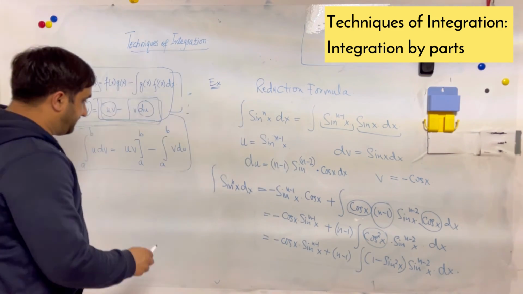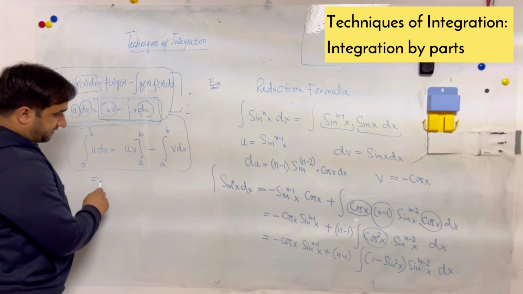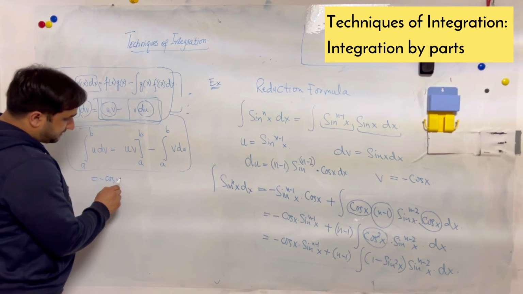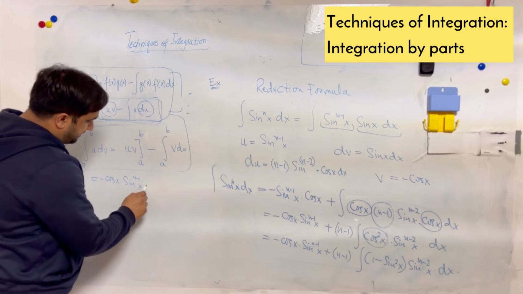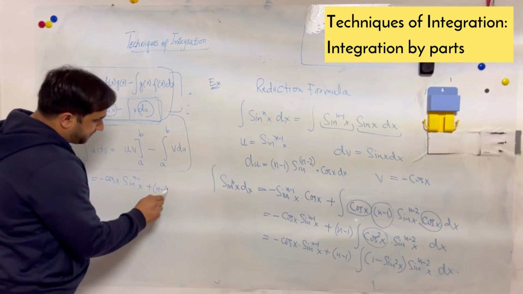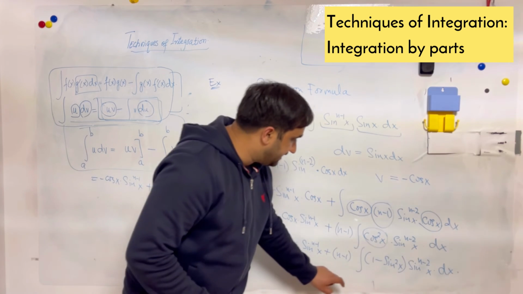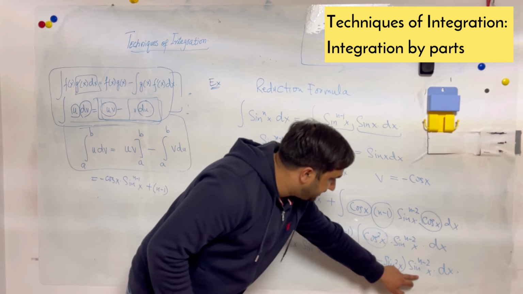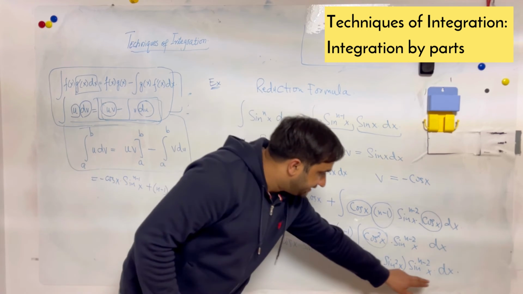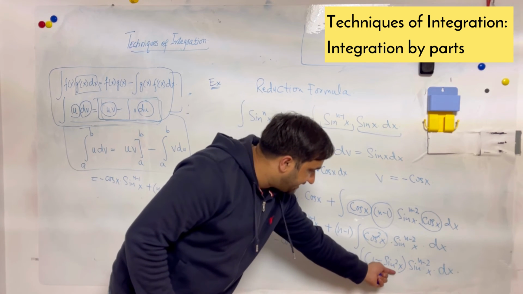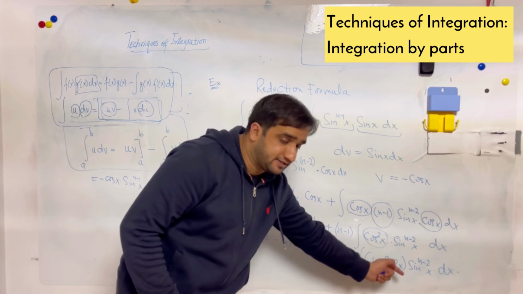Now again simplify them here. This becomes minus cos x sine raised to the power n minus 1 x plus n minus 1. Let us write them separately. This whole thing will multiply with 1 and this number 1 integral, and this whole thing will multiply with minus sine square and this number another integral.